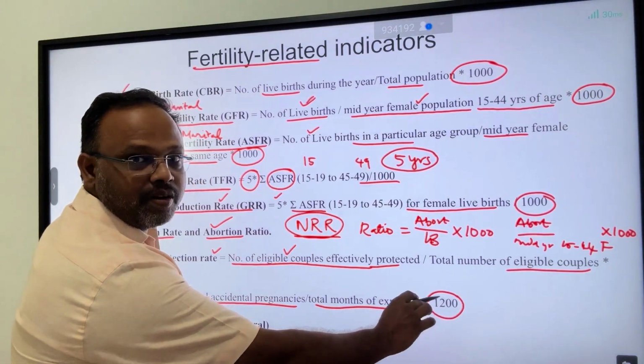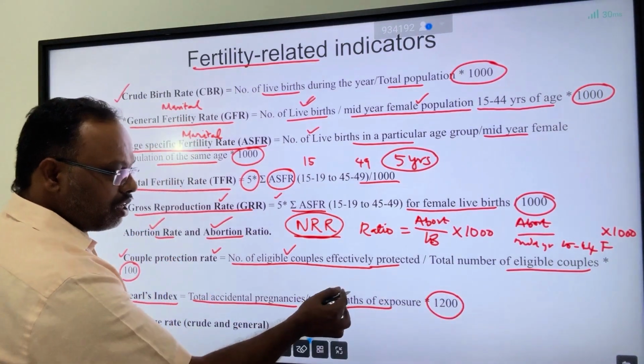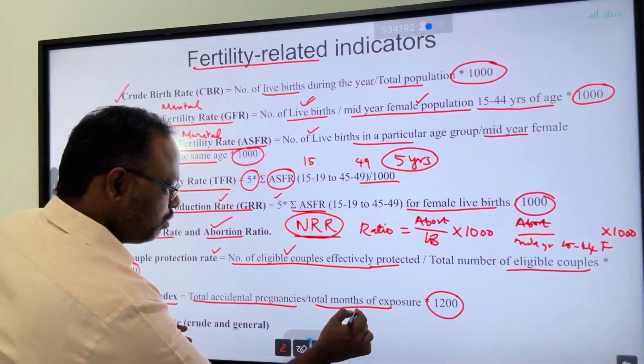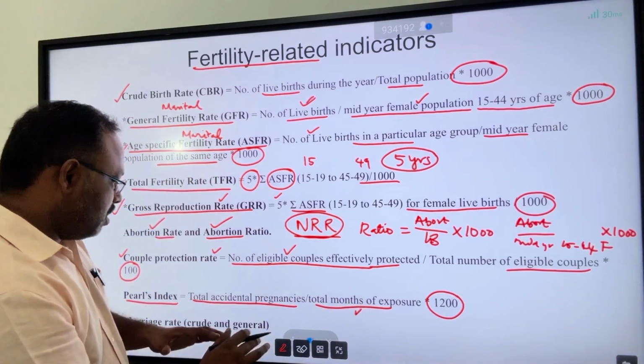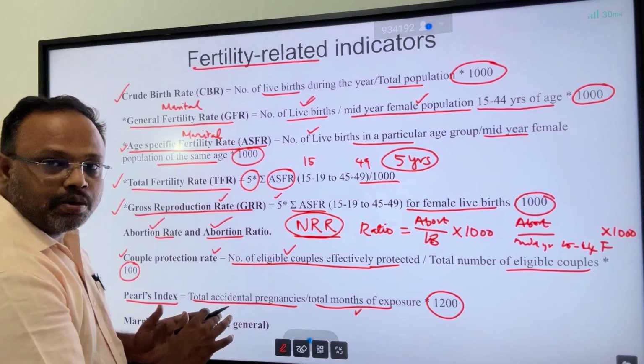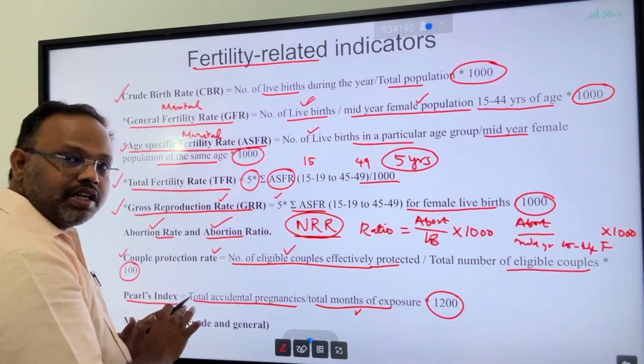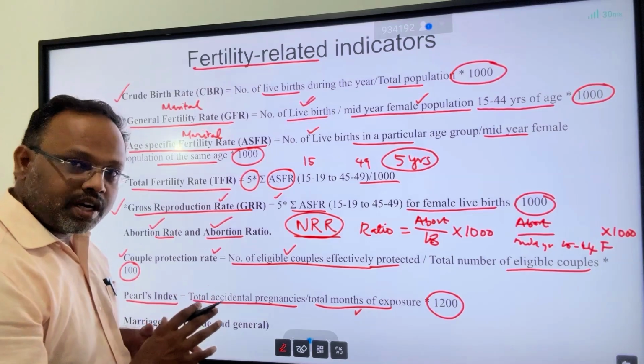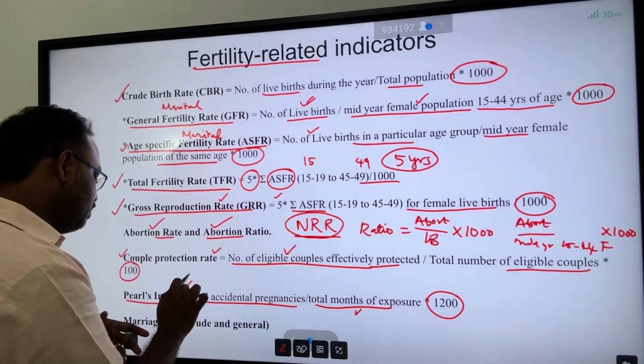So 100 years means 1200 will be the multiplication factor. For each pregnancy and abortion, we need to reduce certain months in the months of exposure, and after doing that, we calculate the total accidental pregnancies. This Pearl's index is an index of effectiveness of contraception, calculated by this formula.